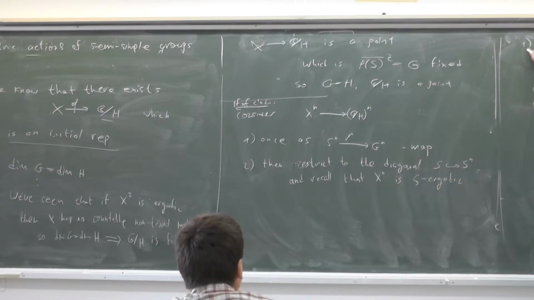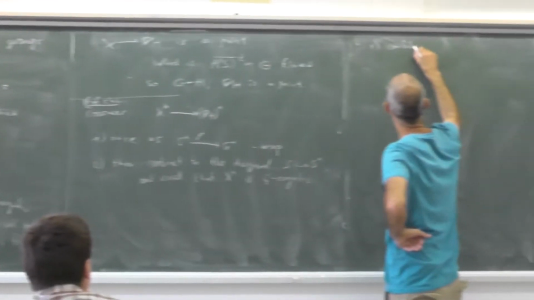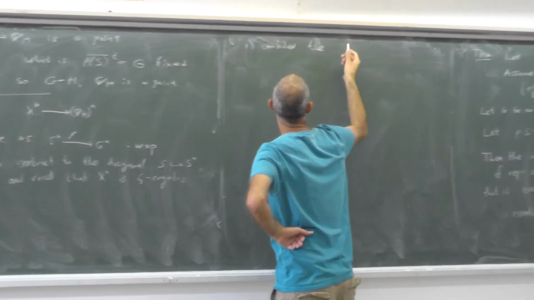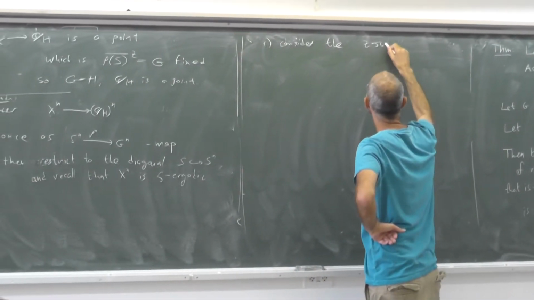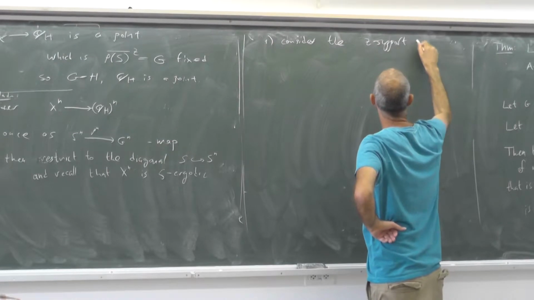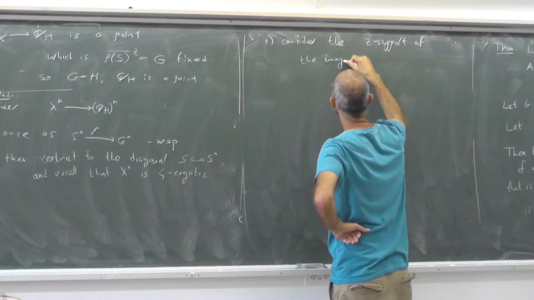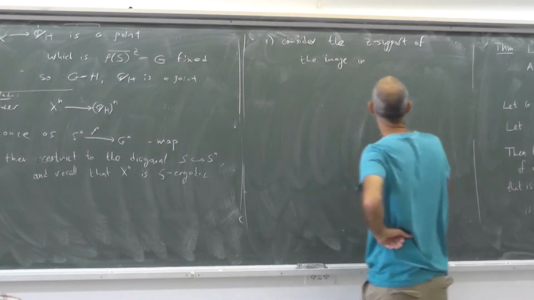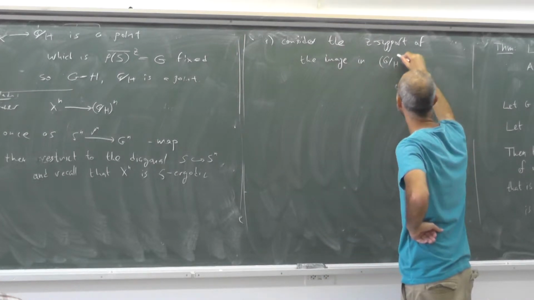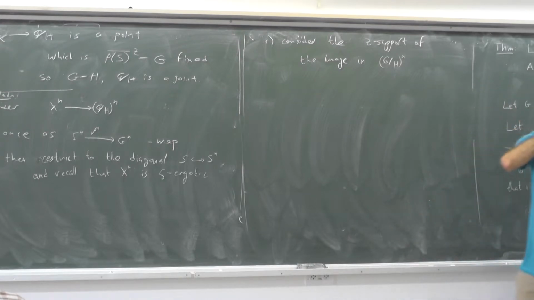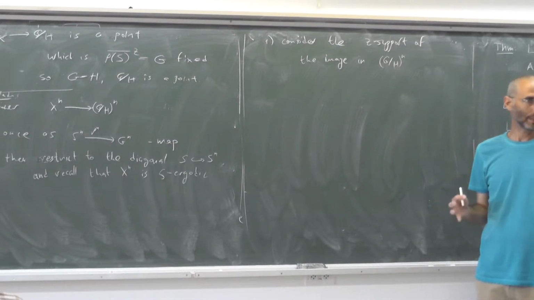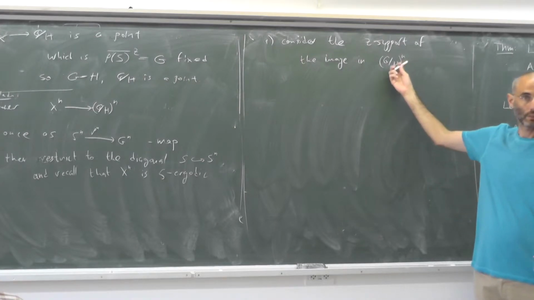So consider the Zariski support of the image in G mod H to the n. This is an algebraic set inside this variety.